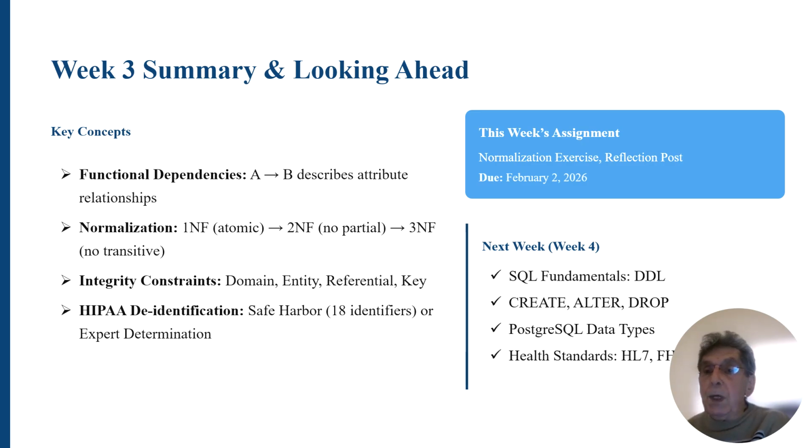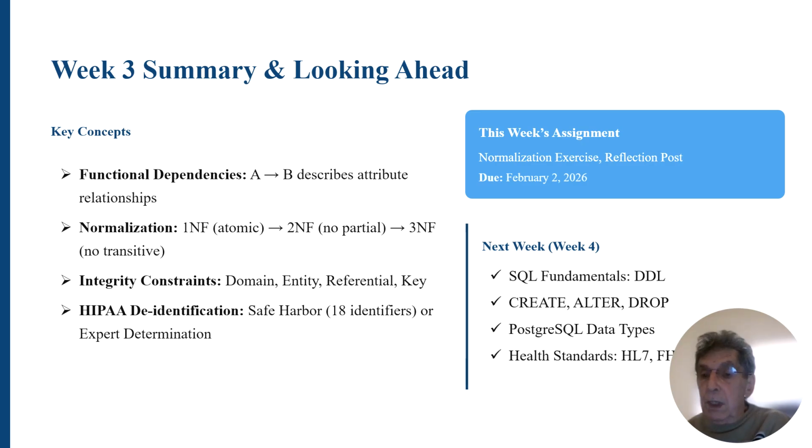So let's wrap up week 3 with a summary of what we've covered today. Functional dependencies, describing how attributes relate, like the notation if A points to B, means knowing A determines exactly one value of B. FDs are the theoretical foundation for normalization. Normalization is a systematic process of organizing data.